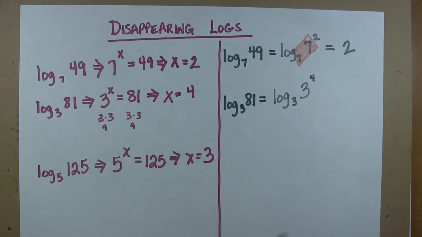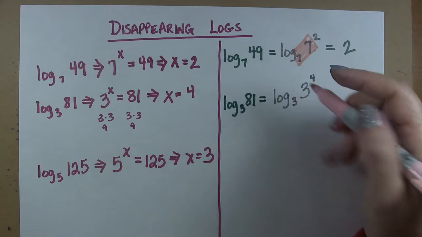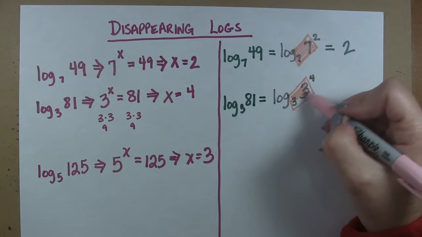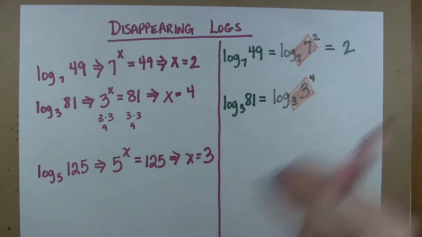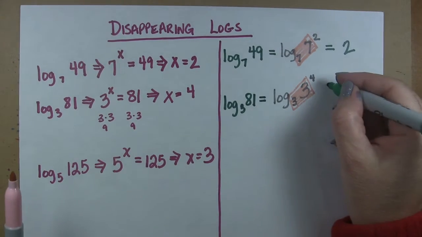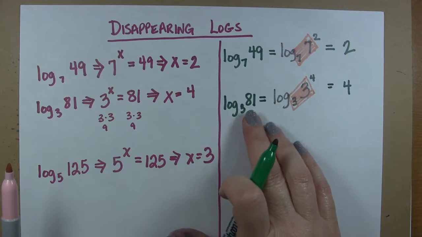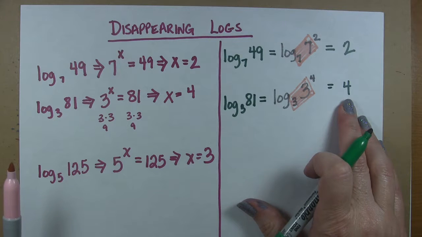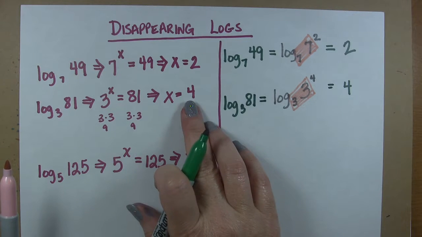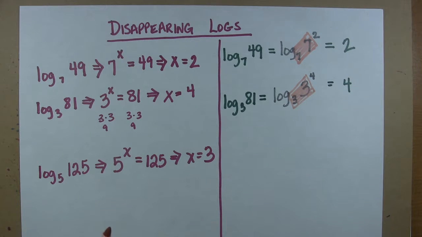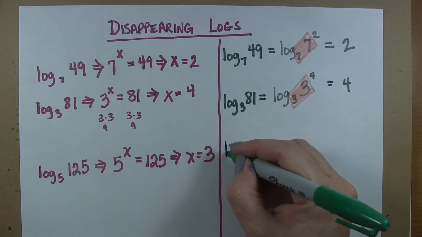Then, because of my rule of disappearing logs, these two numbers disappear, and all that's left is the 4. So log base 3 of 81 equals 4, just like we figured out over here, but now using a different method. All right, one last one.